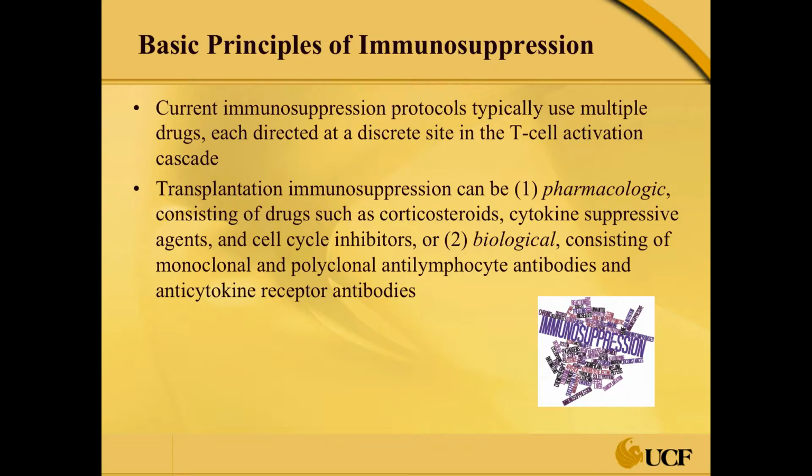I keep getting tongue-tied here. So again, let's go over that again. Pharmacologic with the agents we're going to discuss, or biological, so our monoclonal and polyclonal anti-lymphocyte antibodies and anti-cytokine receptor antibodies.